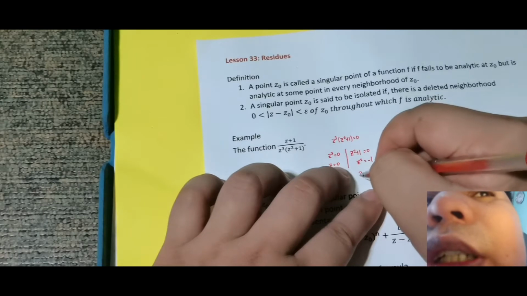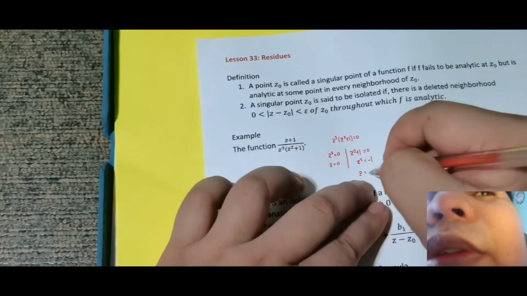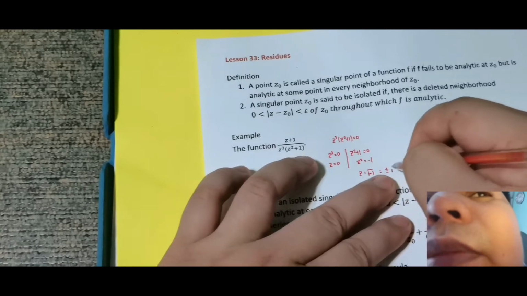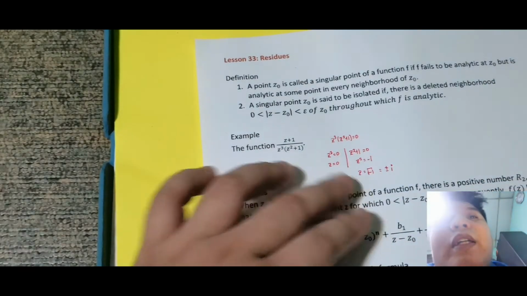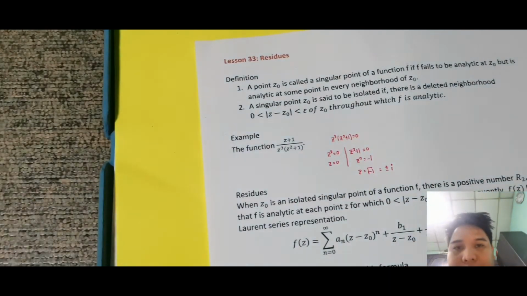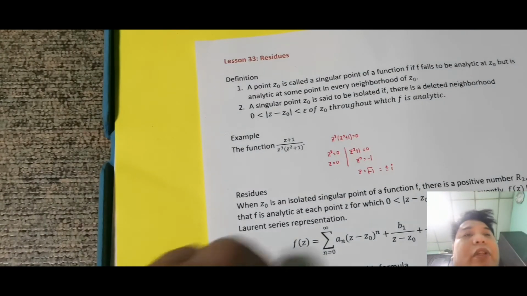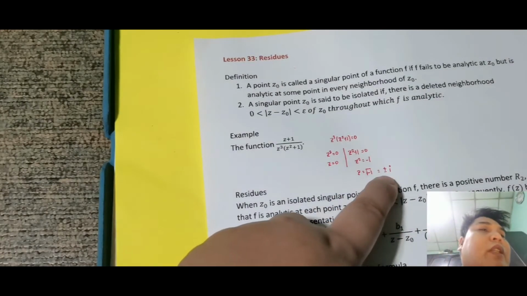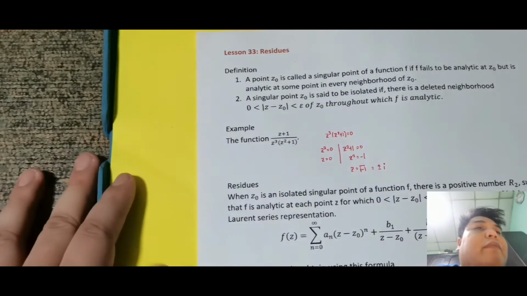Square root nun is just square root of negative 1 or just simply positive and negative i. Okay, so therefore, ang kanyang singular points are 0, positive and negative i. Yun yung mga singular point niya.